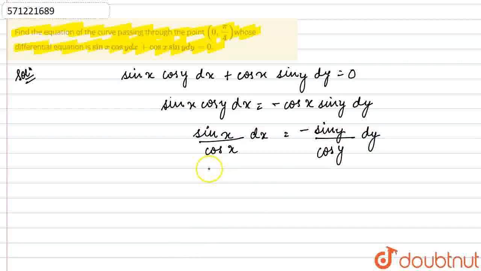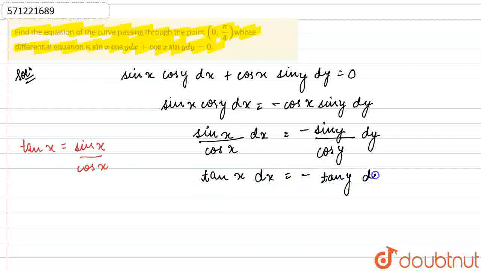Using trigonometry, we know that tan x is equal to sin x upon cos x. So I'll write this as tan x dx is equal to minus tan y dy.